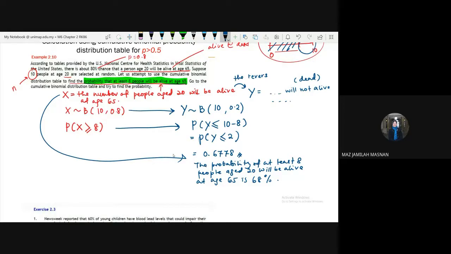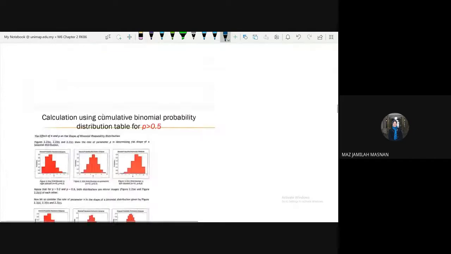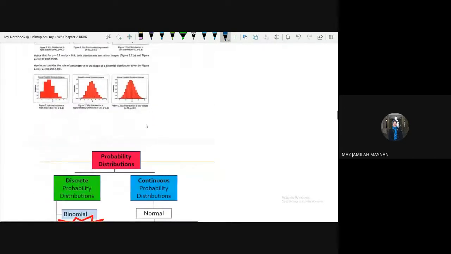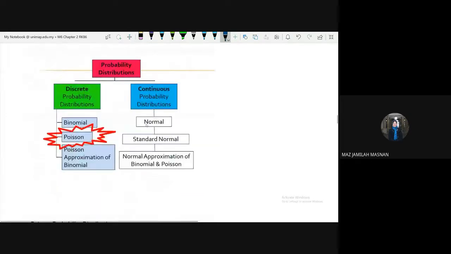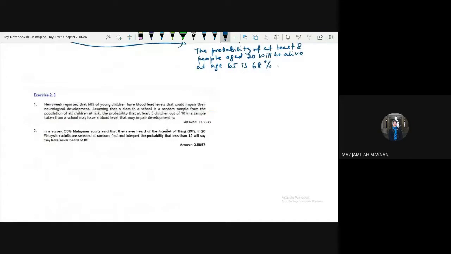Now class, Poisson will be a bit simple. Do you want me to discuss one of the questions in the exercise, or we just go to Poisson? Class, give me your opinion. Hello.